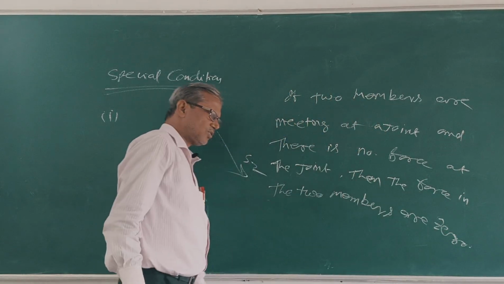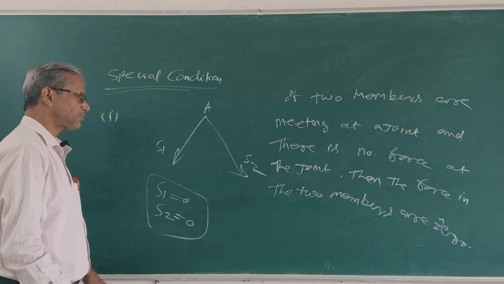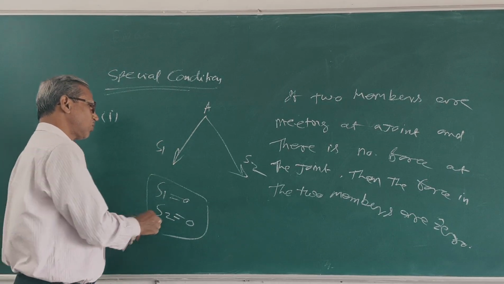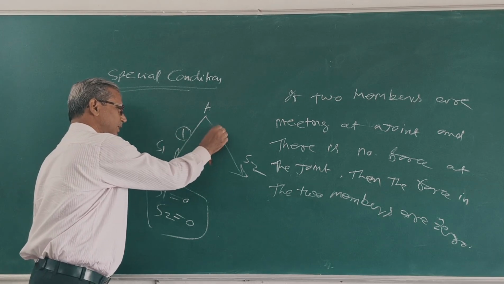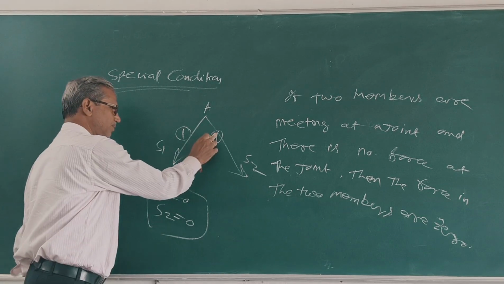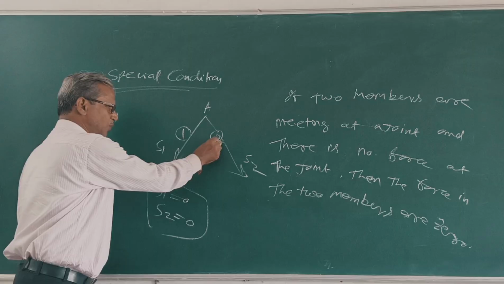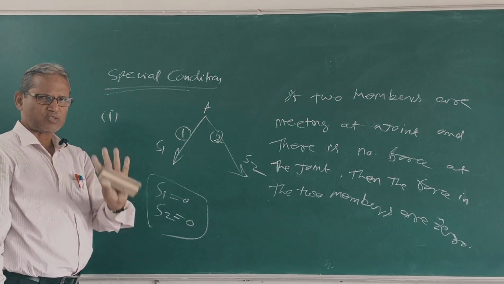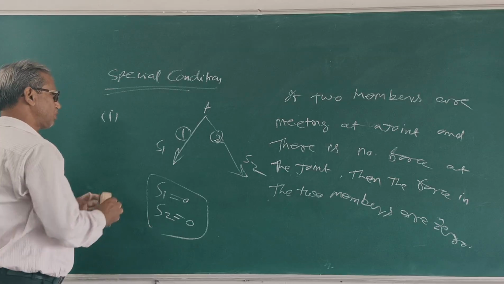At point A, two members, 1 and 2, are meeting, and there is no force at this point. So S1 is equal to 0, S2 is 0.